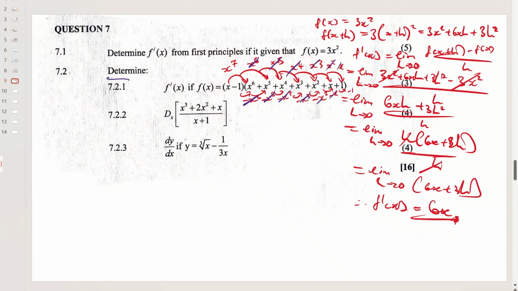Since I'm answering here, our f of x for this part is just x to the 7 minus 1. Then taking the derivative of this, it is 7x to the 6. That would be your answer. That's it, guys. I'm fast, but I explain what's happening there.